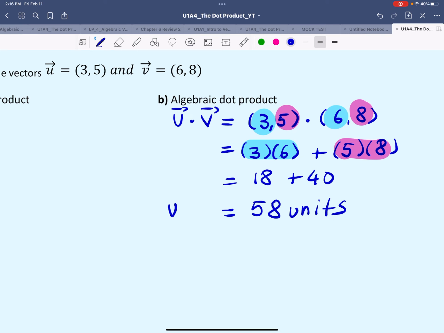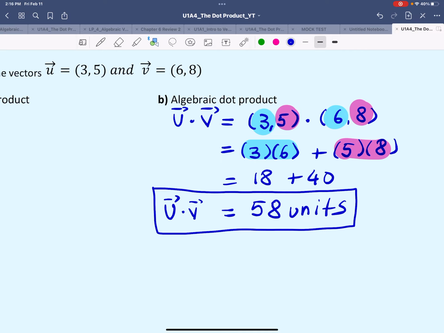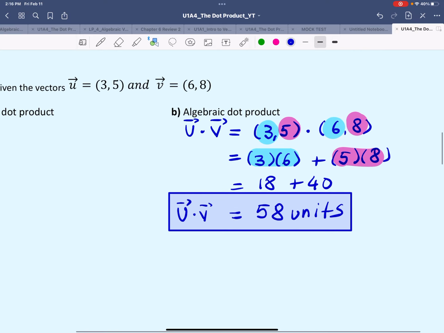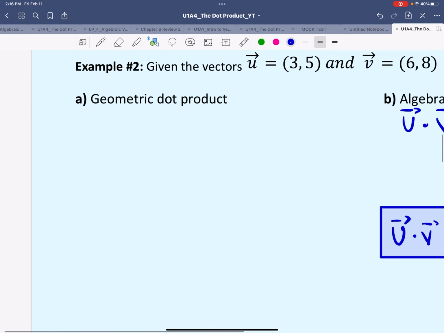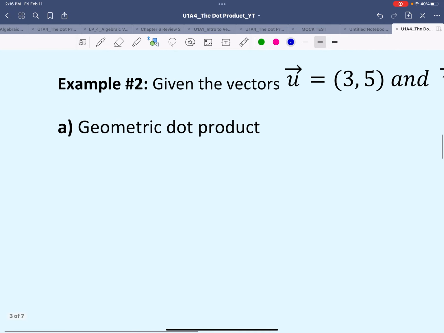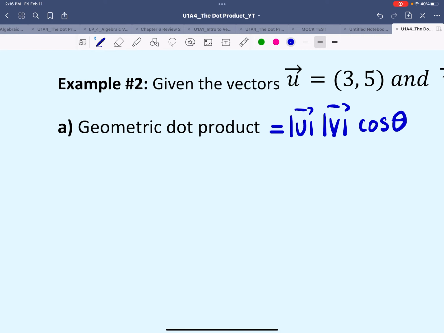So I'll write this down, and I will actually box it, because we are about now to find the dot product by treating u and v as geometric vectors, or as a geometric dot product. Remember, geometric dot product equals magnitude of u, magnitude of v, cosine of the angle between u and v, which for now we'll call theta.